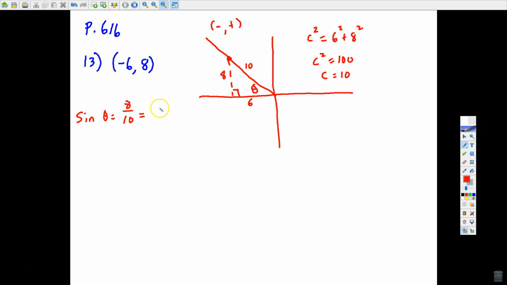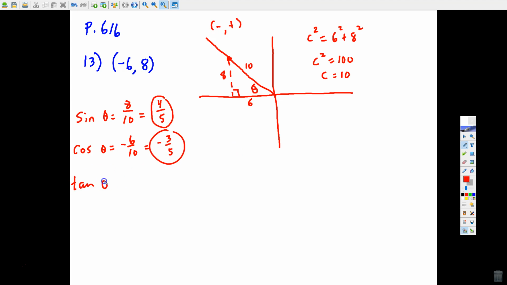Okay, so sine theta, and reduce. So make sure if you can reduce, you do. All right, let's do cosine theta, and that's going to be adjacent over hypotenuse. But remember, just like the x-coordinate is negative in quadrant 2, we associate cosine with x. And so it starts off as -6 over 10, but it can be reduced to -3/5.